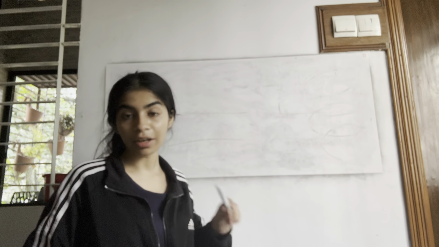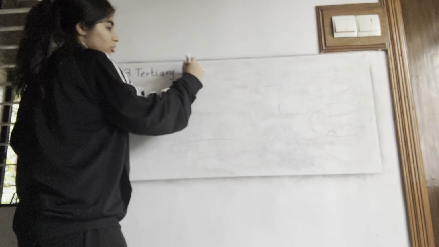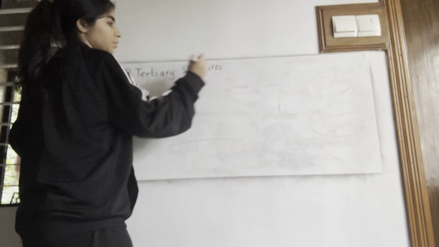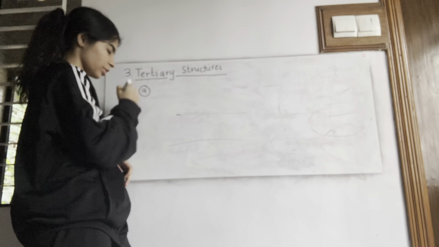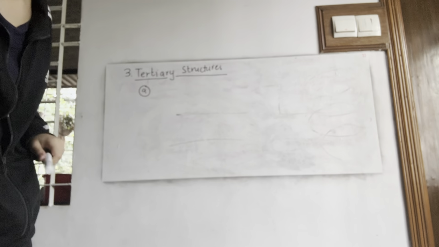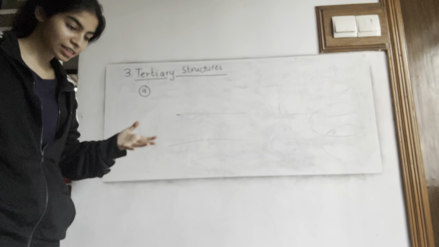Now we're going to talk about tertiary. Before we do tertiary, I need to tell you about a few forces that we learned as a kid, and how they affect tertiary structures. There are a few kinds of forces we're going to talk about. Even though during my A-levels I studied so many, there were like 5 things I think.